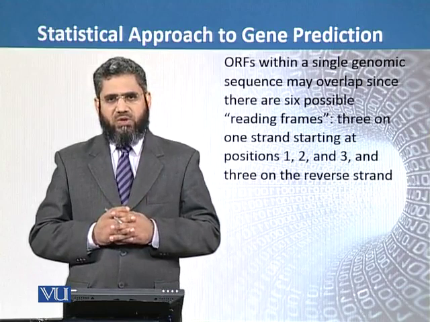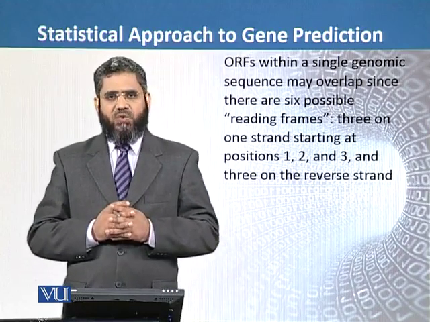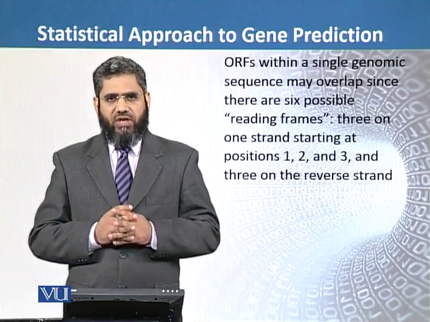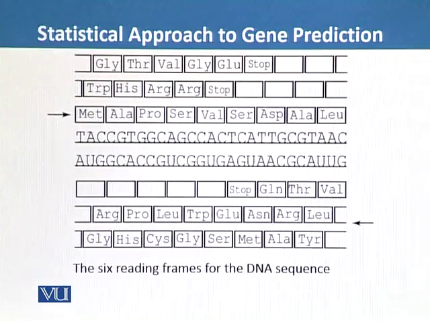This process also takes place from the other side of the gene, and in this way the 6 reading frames are obtained. So we can see here the 6 reading frames. The frames generated from the left side are 1, 2, and 3, and the frames generated from the right side are also 3, 1, 2, and 3.